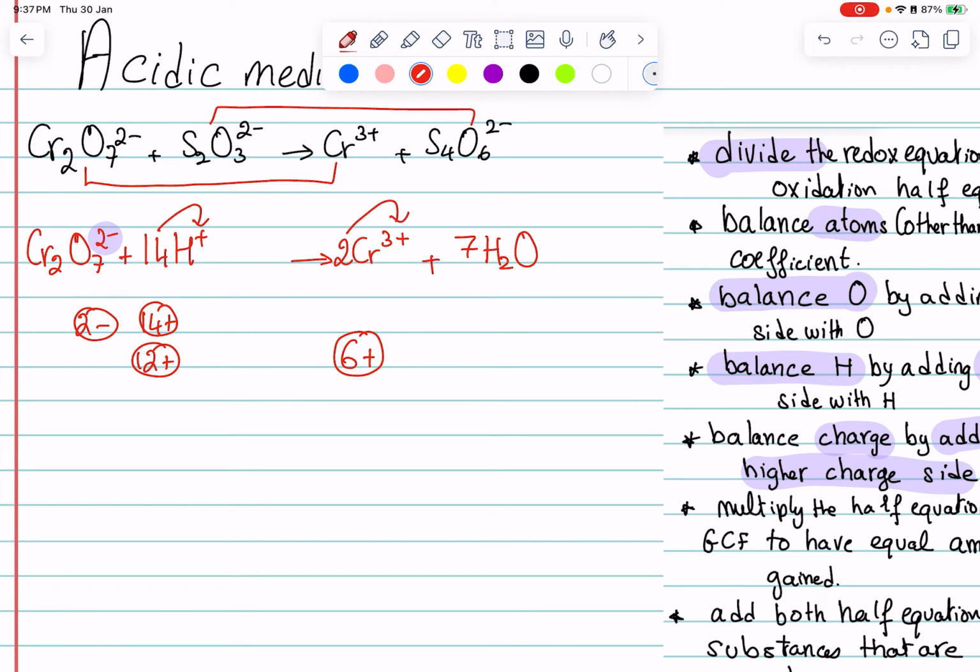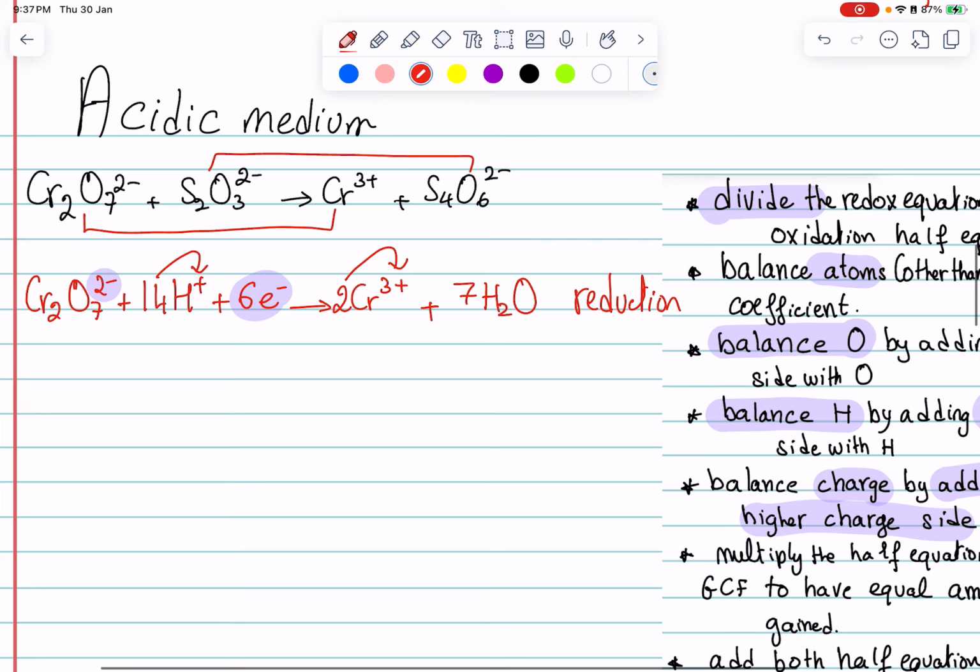Now the side with higher charge is this one. So I'm gonna add electrons to it to drop the 12 plus to 6 plus. So we add 6 electrons because 12 plus and 6 minuses makes it 6 plus. And that is the first half reduction equation. Electrons are gained. They're written on this side. The second step, which is the other half of the equation.